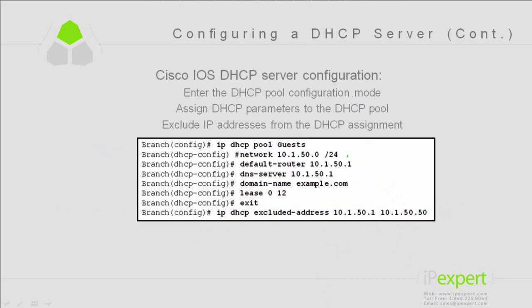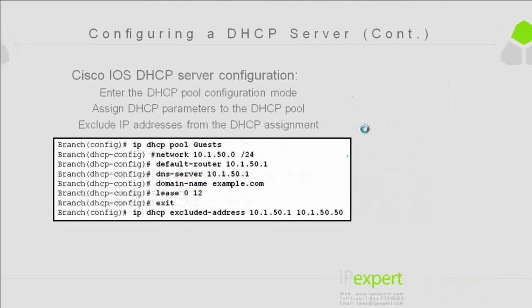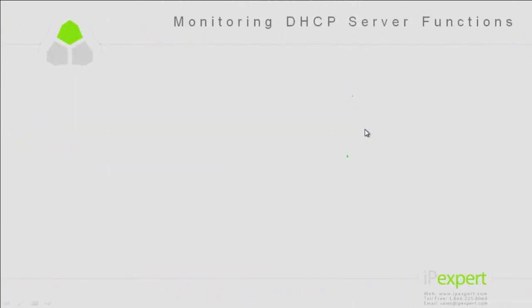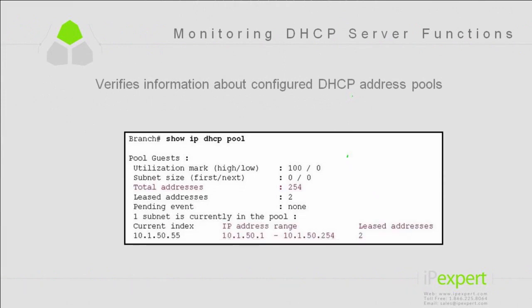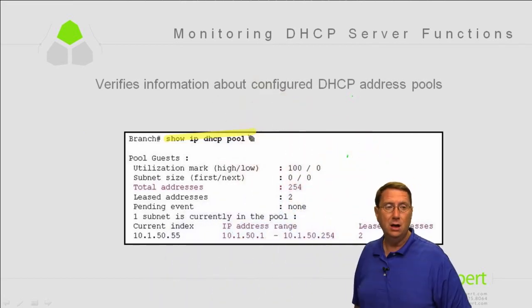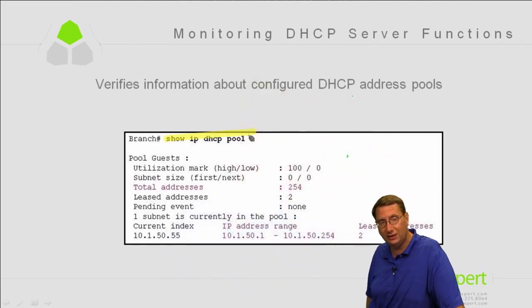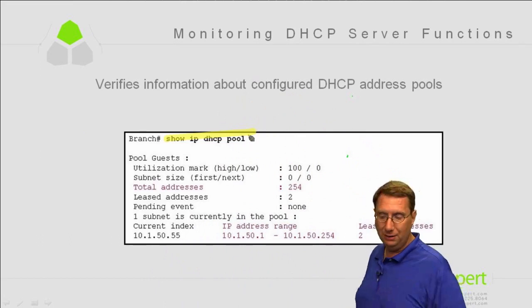Now, the other part of this is that we want to make certain that we can monitor this process. So how do we know that it's actually working the way we want it to? Well, the key command that we use here is show ip dhcp pool. The show ip dhcp pool is going to give me the variables that are operating in my environment.